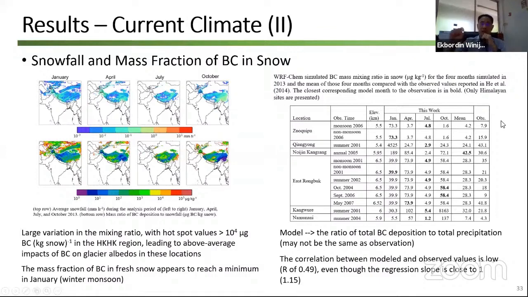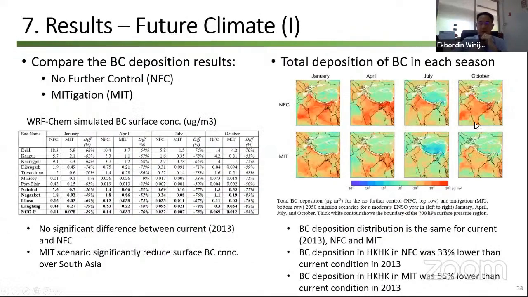You can find that the BC concentration itself agrees well with the monitoring data, but because of the overestimate of the snowfall in the area, when we estimate the concentration in terms of the mass fraction, our model underestimates compared to the observation. And then for the future climate, the one I already finished is the current climate in 2013.